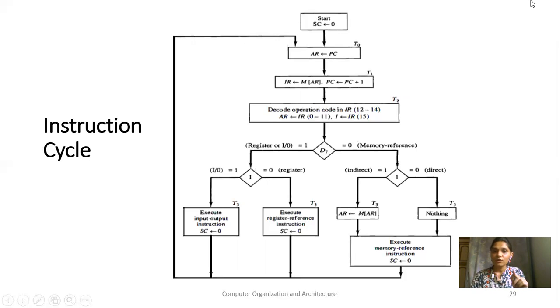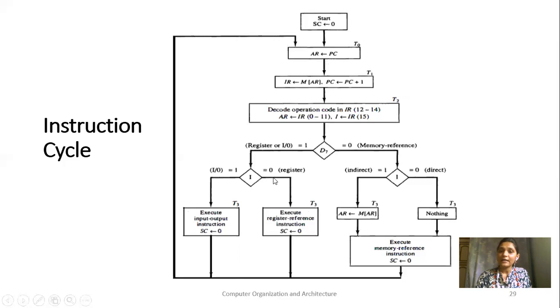From that, you have to bifurcate whether it is a register reference or IO reference. For that, you require the ith bit. If your ith bit is 1, that means it is an input output instruction. So at the T3 timing signal, or you can say the next timing signal, you will execute that input output instruction. Okay, and after executing, put the sequence counter to 0 so that your next instruction can be fetched, decoded, and executed.